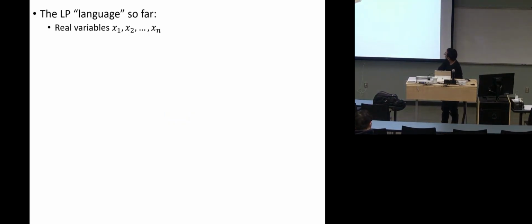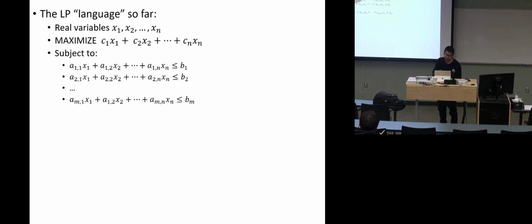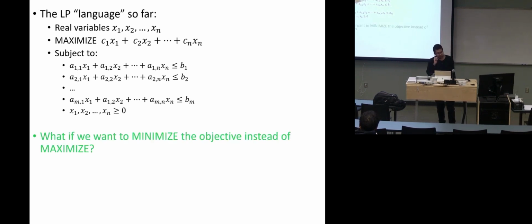Suppose that you have n variables and you want to maximize this thing subject to this linear constraint, and each variable needs to be non-negative. So what if instead of maximizing this function, I want to minimize?